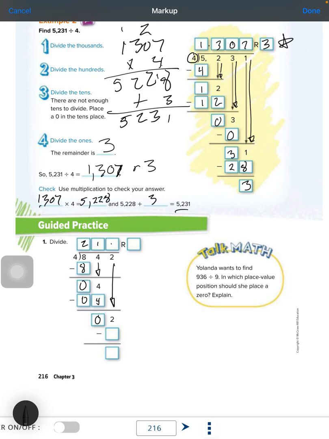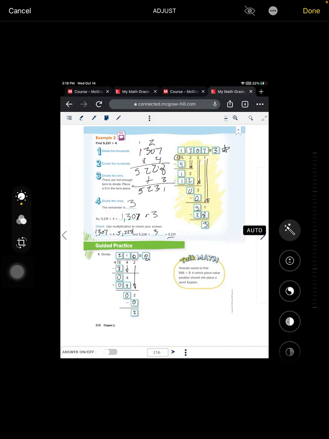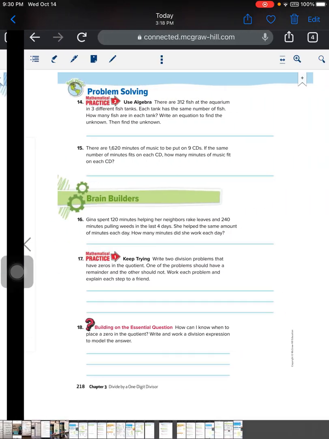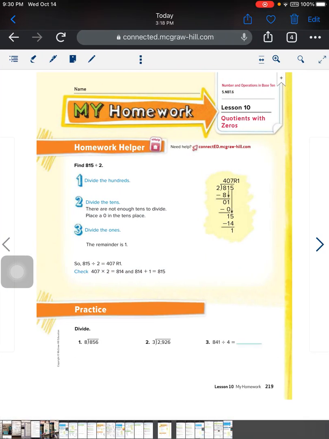They bring down the 2. 4 will not go into 2, so above this 2 up here, we have to put a 0. 0 times 4 is 0. 2 minus 0 is 2. So we have a remainder of 2. There you go. All right, I think you've got a handle on it. Let's hurry and go to the homework.